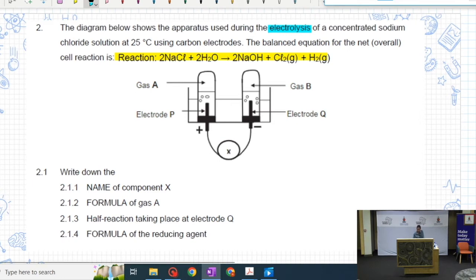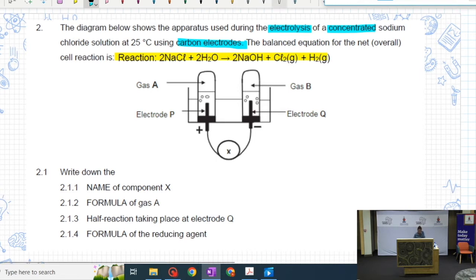They now say a concentrated sodium chloride solution at 25 degrees Celsius. Did I make a mistake? The diagram below shows the apparatus used during the electrolysis of a concentrated sodium chloride solution using carbon electrodes. The balanced equation for the net or overall reaction is as follows.